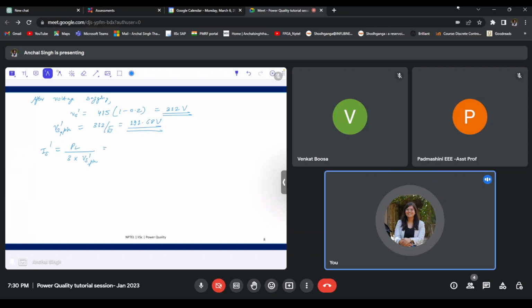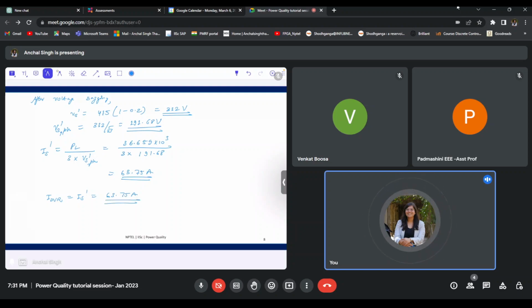PL is already known to us, that is 36.659 into 10 to the power 3, by 3 into 191.68, which is 63.75 amperes. This means my IDVR is equal to Is dash, which is equal to 63.75 amperes.